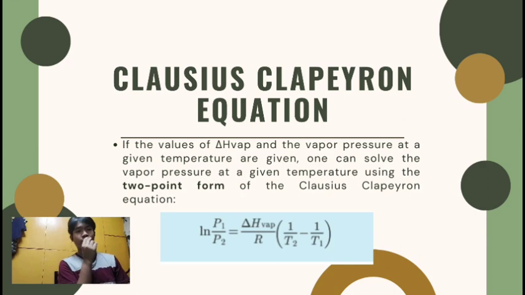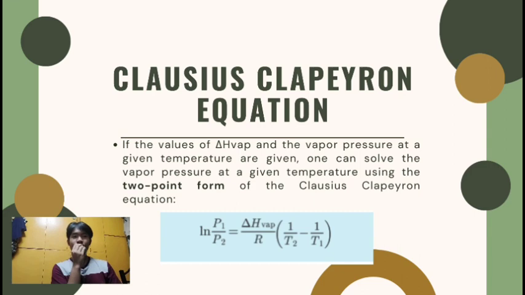The equation is P1 over P2 equals the enthalpy of vaporization over R, times the quantity 1 over T2 minus 1 over T1, where P1 is the vapor pressure at T1 and P2 is the vapor pressure at T2. Vapor pressure can be expressed in any pressure unit. The temperature must be in kelvins.